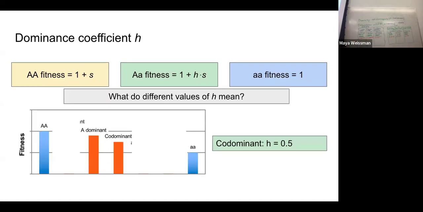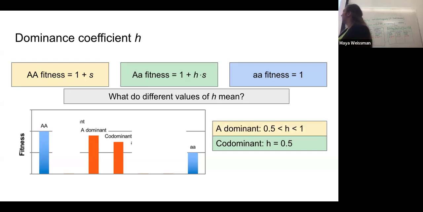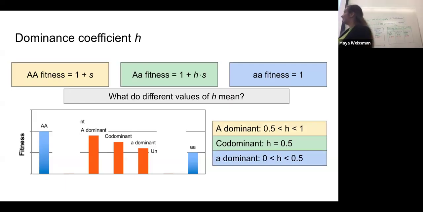If it's greater than 0.5, that means that big A, the mutant, is dominant, and your fitness is going to be closer to what it would be if big A is entirely dominant. If it's less than a half, little a is dominant. Then there are weird cases called overdominance, where being a heterozygote gives you a bigger advantage over either of the homozygotes.